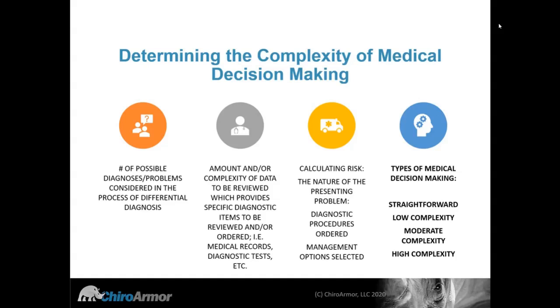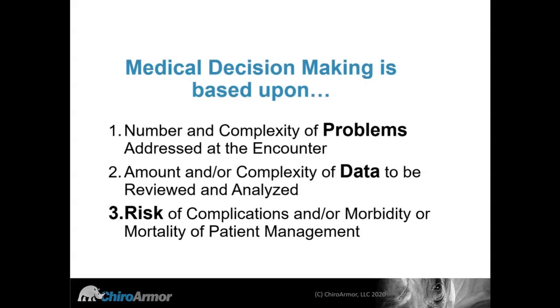Those 3 things lead us to the point of understanding, is this a straightforward problem? Is this a coding that is straightforward? Is it a low complexity visit, moderate complexity, or high complexity? And so our medical decision making is based upon those 3 key areas. Again, problems, the information that we get or the data, and then the risk.